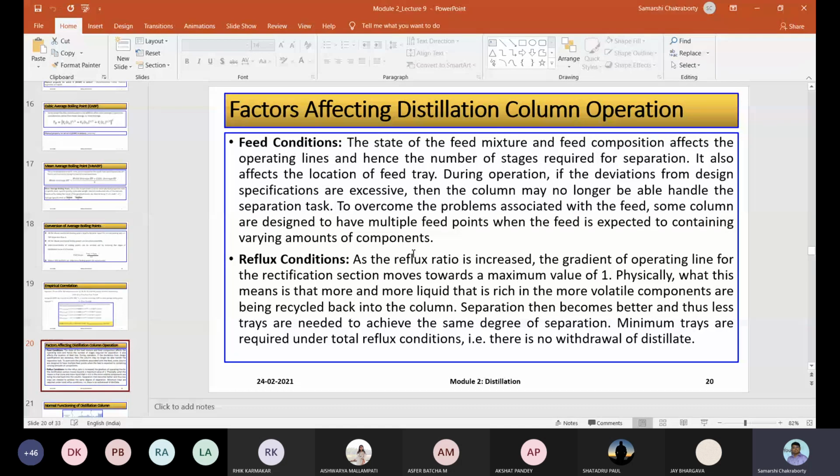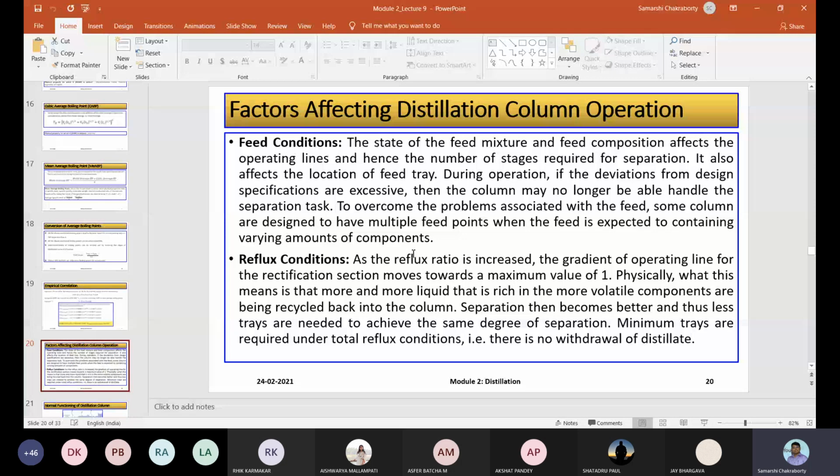So I had told you, if I increase the reflux ratio, not reflux rate, reflux ratio, to a significantly high value, flooding can take place. But increasing the reflux ratio also has certain beneficial effects, because we are refluxing the lighter component. So a greater amount of lighter products is going to be available, which means separation is going to be a little bit better between the heavier products and the lighter products.